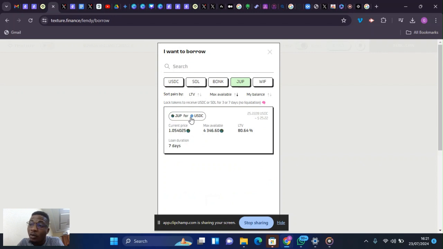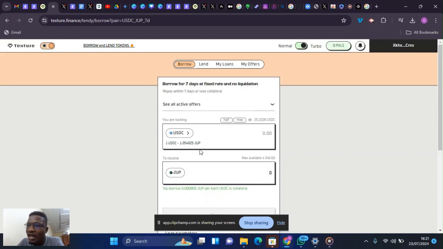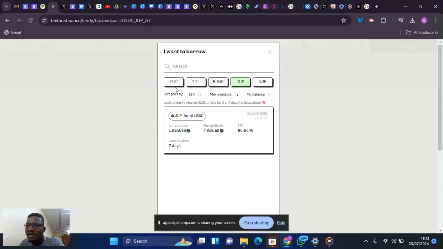Let me borrow JUP. I need JUP, and I will need to deposit USDC as collateral, not a house, not a building, not a car. This is how it works: you deposit another token that is paired to the one you want to borrow.